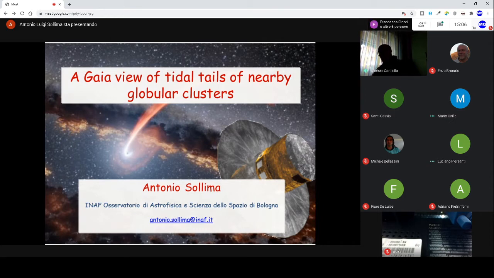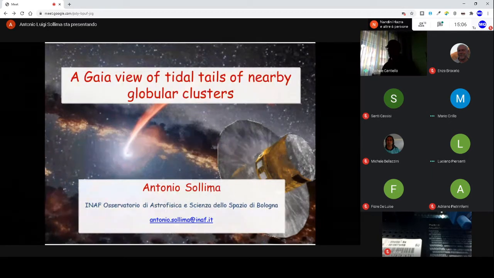And then he moved around for a few postdocs, Bologna again, then Tenerife in Spain, and Padua. And then since 2006, he's a full staff researcher at the IIS in Bologna again. And today he will talk about Gaia view of tidal tails of nearby globular clusters.